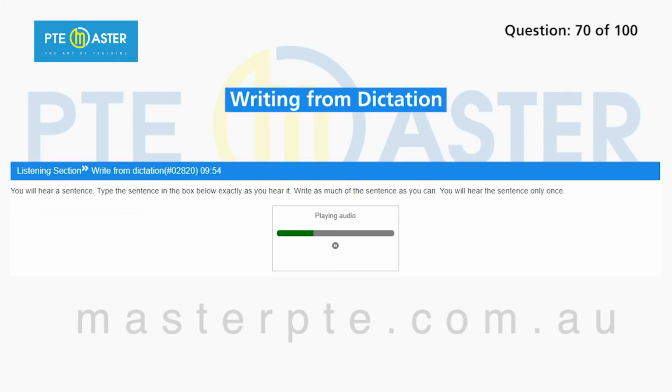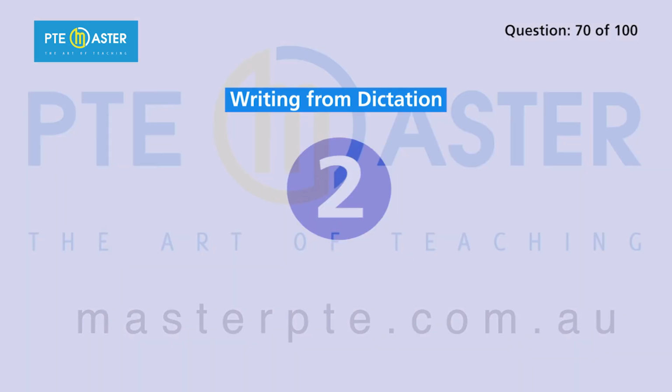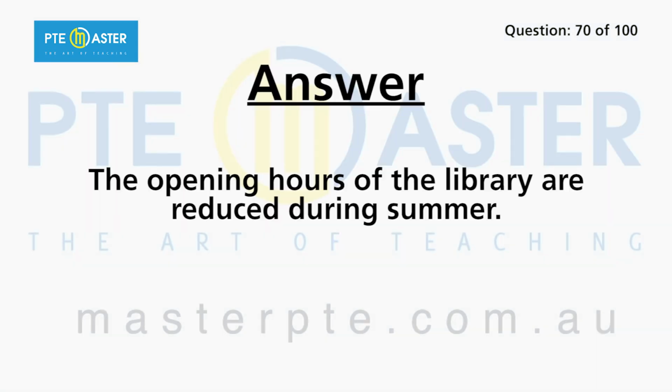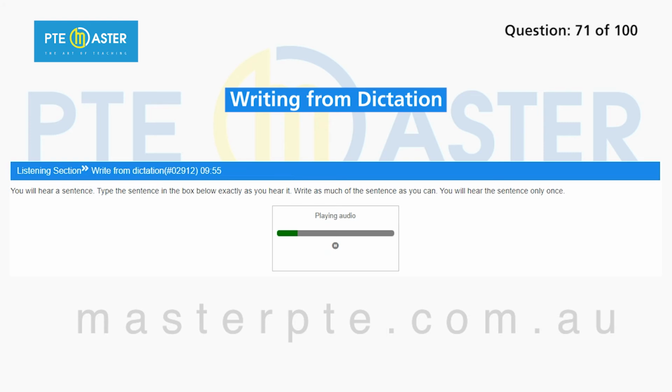The opening hours of the library are reduced during summer. Castle was designed to intimidate both local people and the enemies.